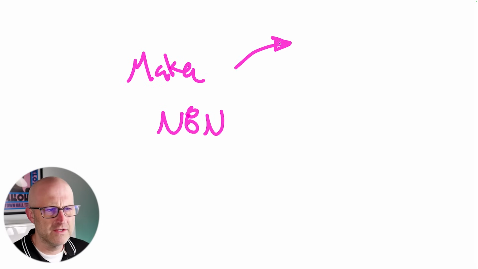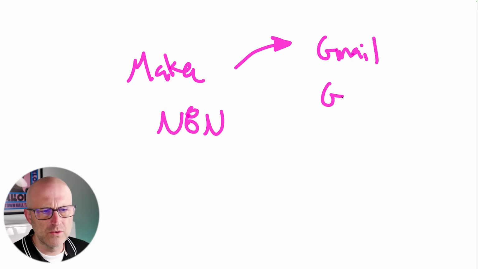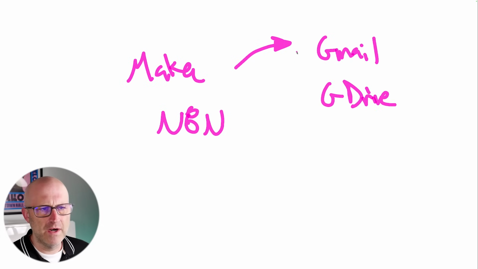Now, one of the most important things to remember is that whether it is Make or it is n8n, both of these platforms are essentially doing the same thing. They are reaching out to various services like Gmail or Google Drive, HubSpot, or whatever they are.